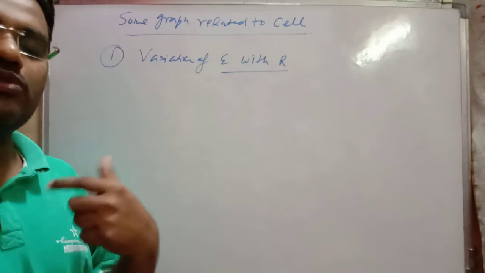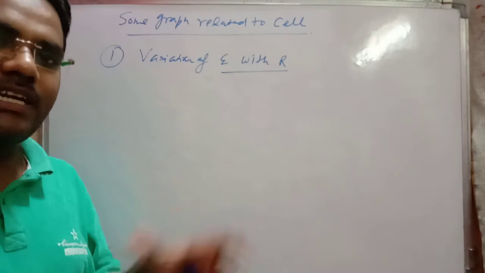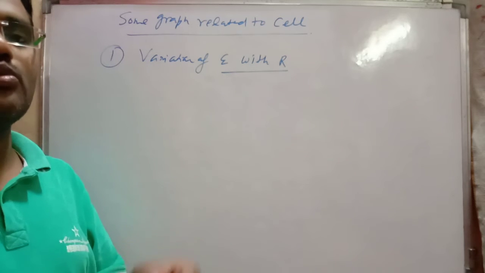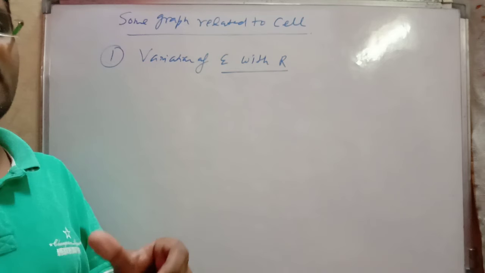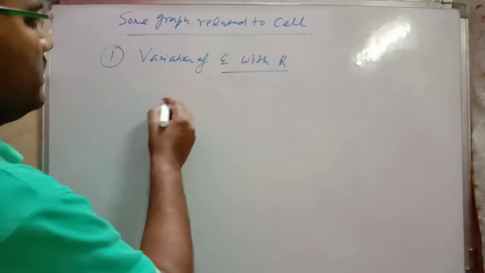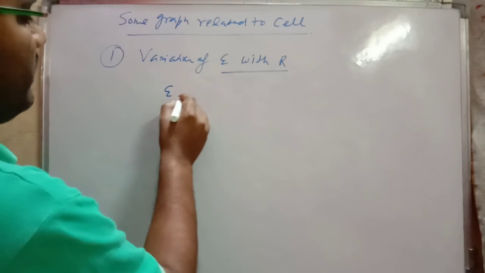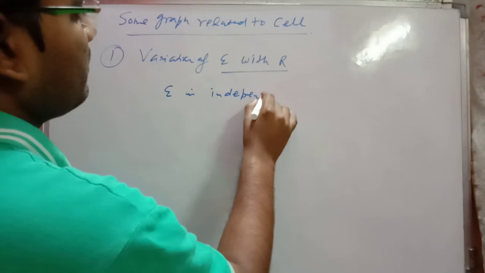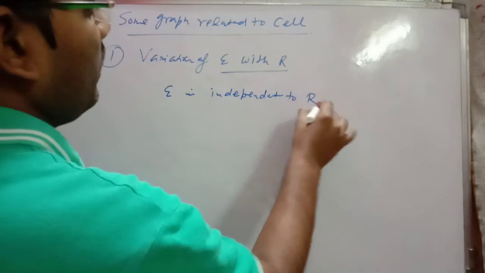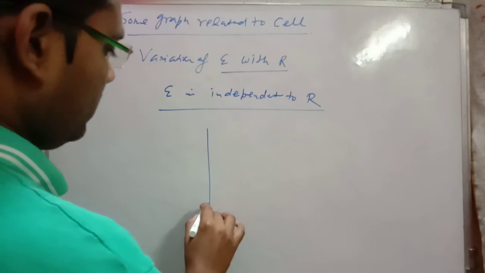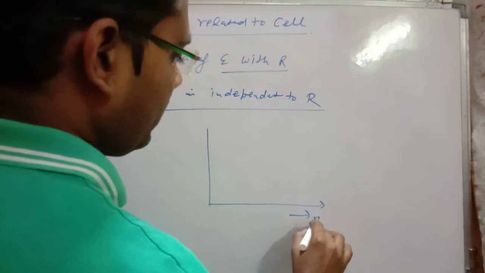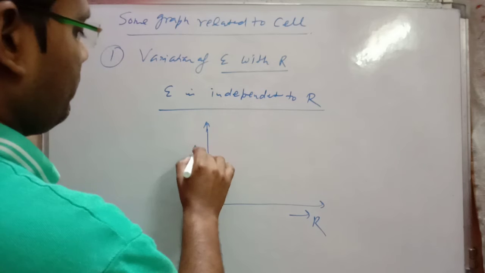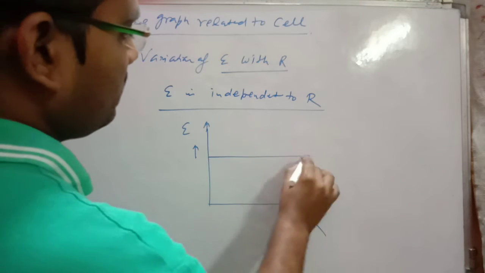That means if there is no electric current in circuit, there is no role of capital R. That means EMF of cell, E is independent of R. That means here graph between capital R and EMF is a horizontal line, like this one.